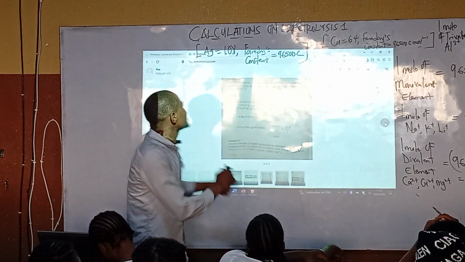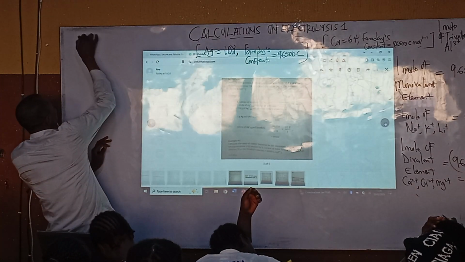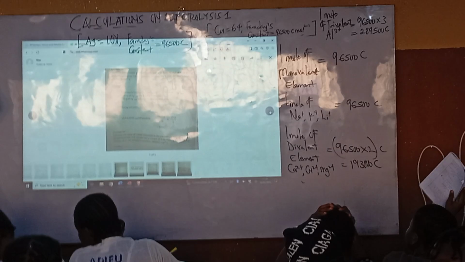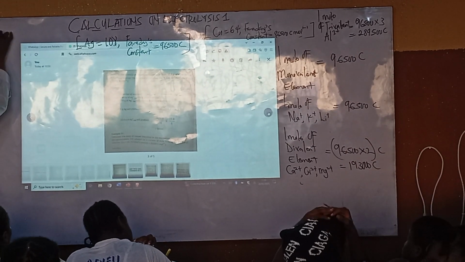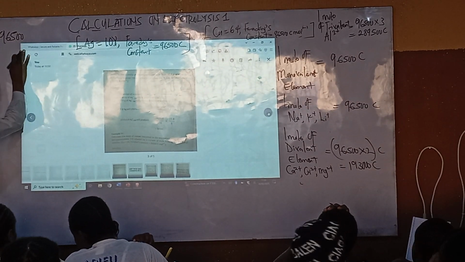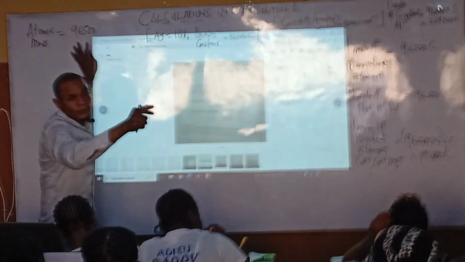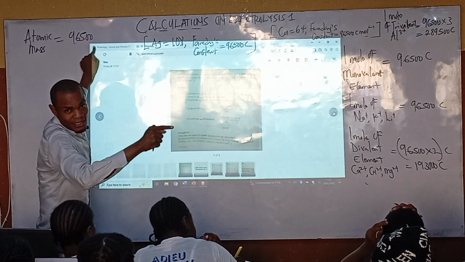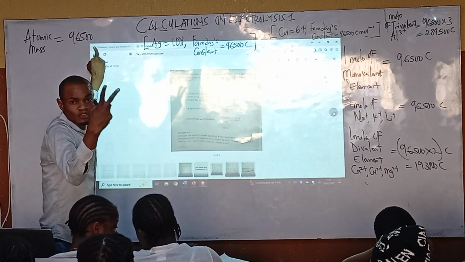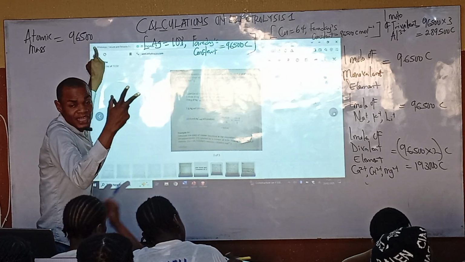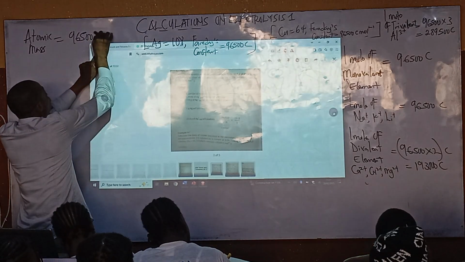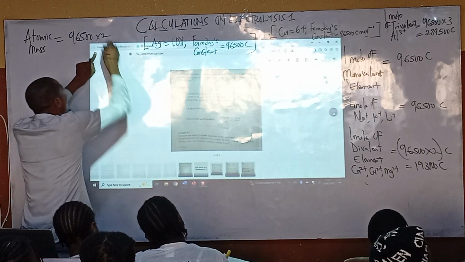If you are looking for mass, you equate atomic mass to 96,500 coulomb. If the ion is monovalent, fine, but if it is divalent, valency of 2, you multiply by 2. If it's trivalent, you multiply by 3.